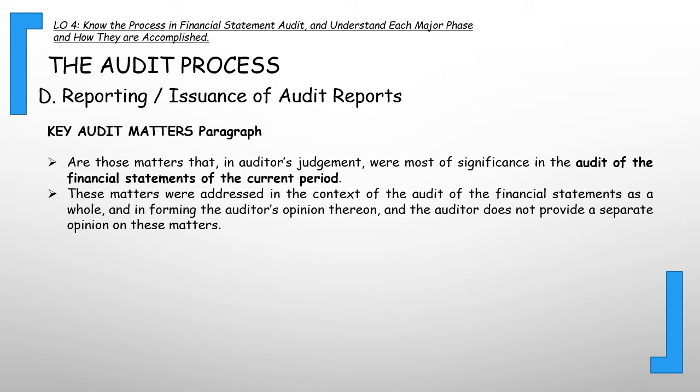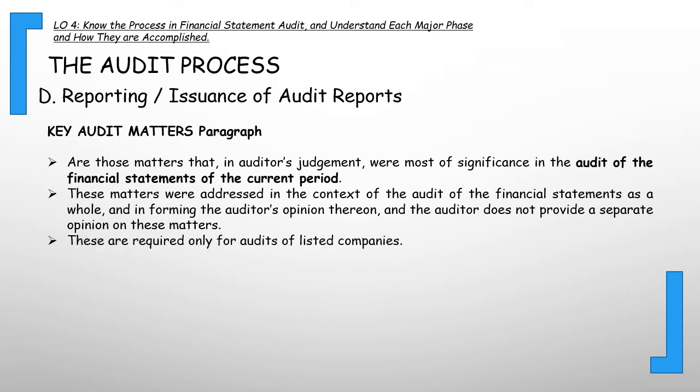These matters were addressed in the context of the audit of the financial statements as a whole and in forming the auditor's opinion thereon. And the auditor does not provide a separate opinion on this matter. So, kahit na significant siya, hindi tayo nagpo-provide ng separate opinion sa kanya. So, yung opinion pa rin natin dun sa financial statements as a whole, although mayroon siyang special mention sa auditor's report natin.